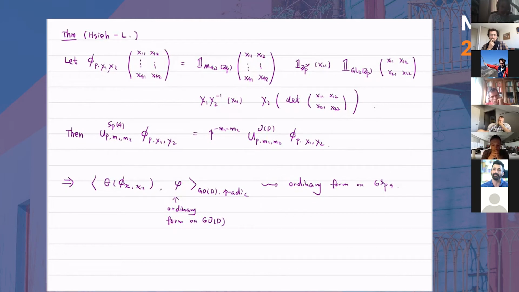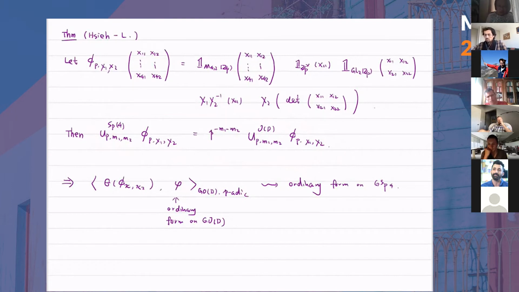And the proof of this theorem is, we first realize that we could have this nice property, and then you just unfold the definitions on both sides and compare them. So the proof is not very tricky, but it takes some work to do the comparison of the operator actions on both sides.